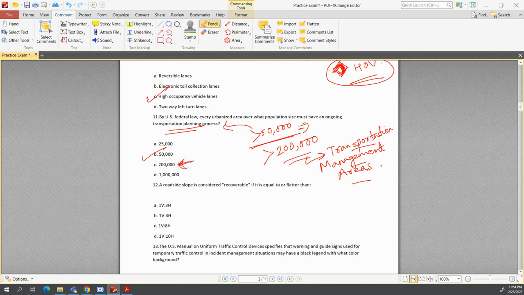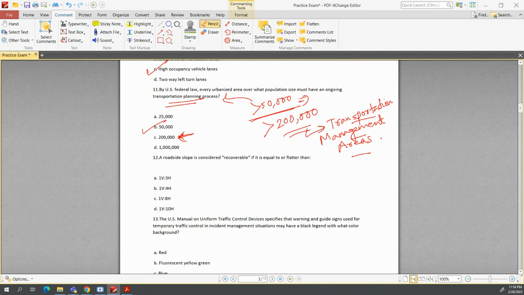So the next question is, a roadside slope is considered recoverable if it is equal to or flatter than what? This is a road. What should be the roadside slope? Recoverable is if it is equal to or flatter than 1 vertical to 4 horizontal.